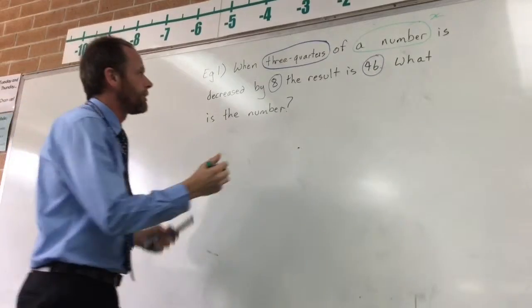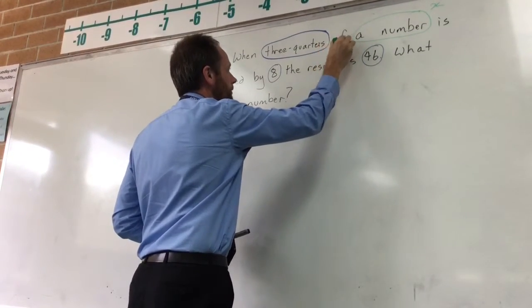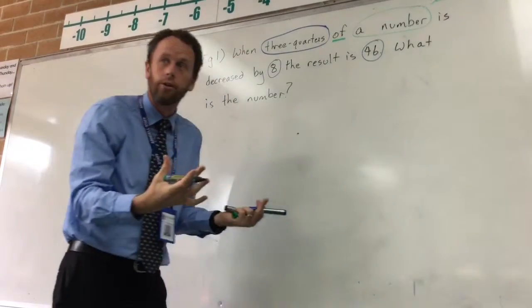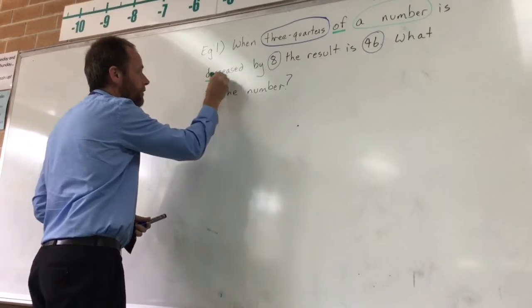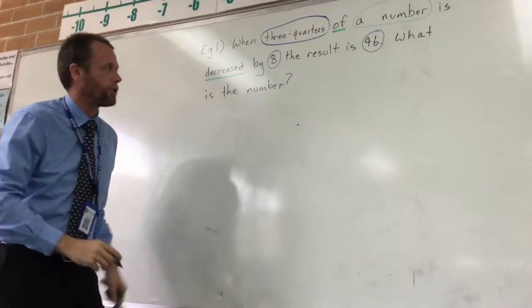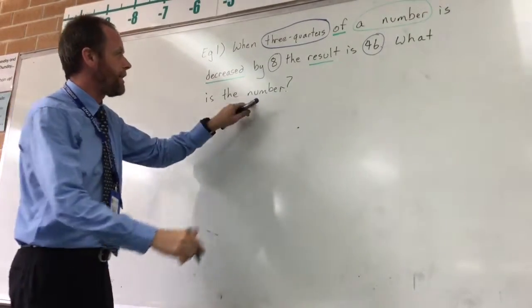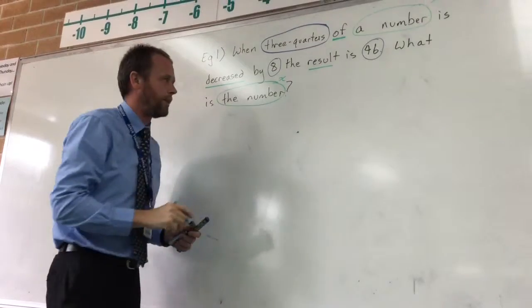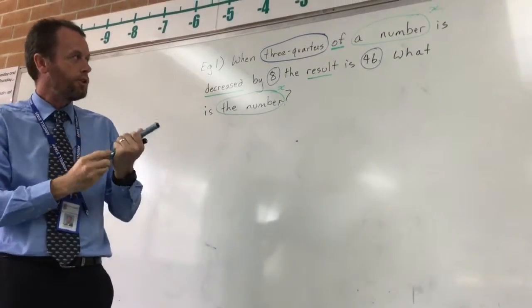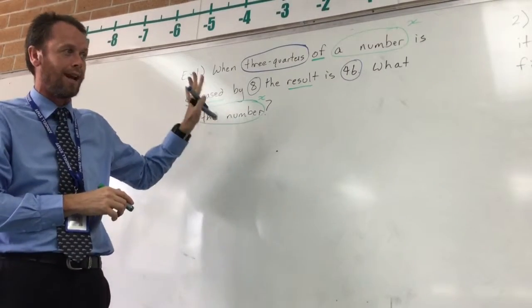What happens? Well, here I can see I actually have "of", you should recognise that as a times. You can see "decreased", minus, "result", equals. And so then we've got to find what is this number, which we're going to let be x. So hopefully we can now see there's actually some information here that we can use to answer this question.